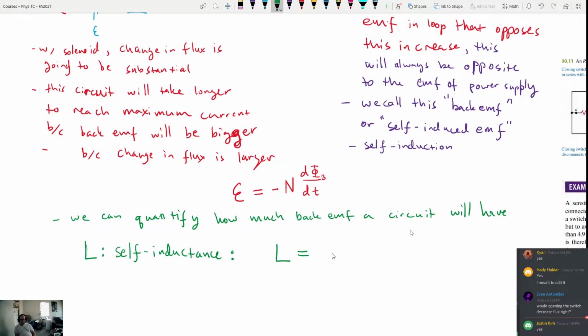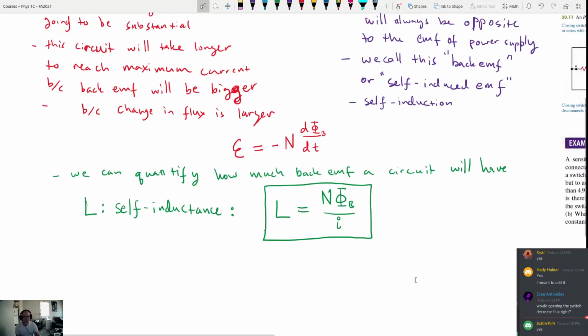The self-inductance L is going to be defined by the number of turns in our circuit multiplied by the flux through the circuit and then divided by the current flowing through the circuit at any moment in time. Okay. And I'll just give you an example of how this is used because I think it makes a lot more sense when you see an example. But we call this self-inductance.